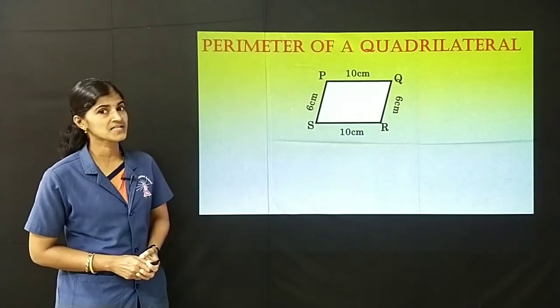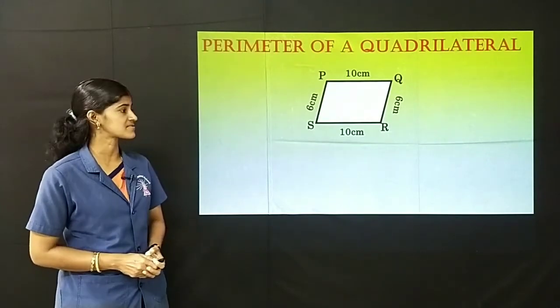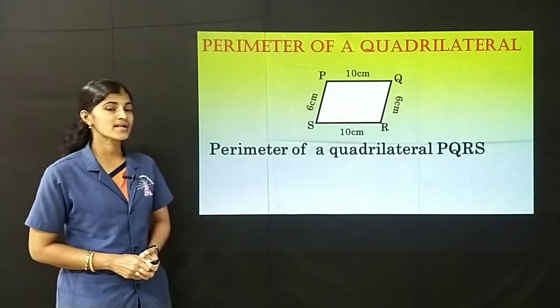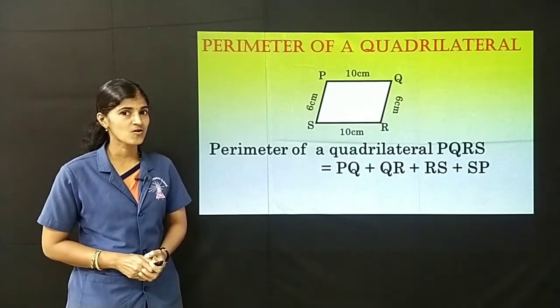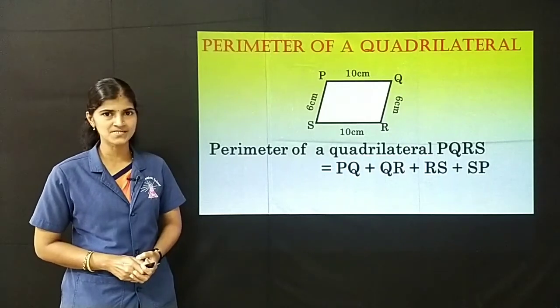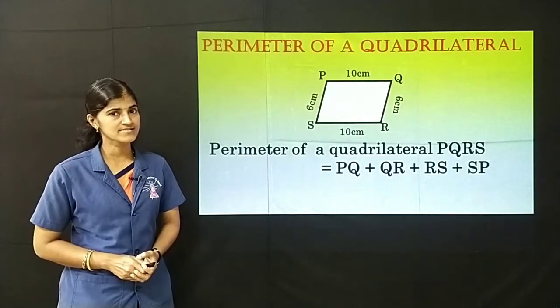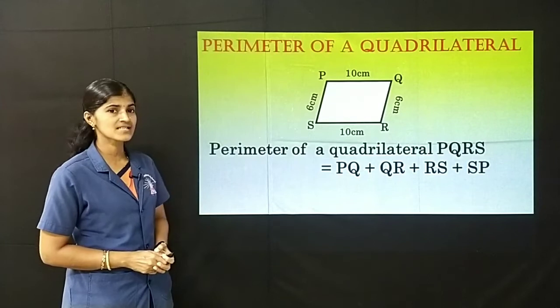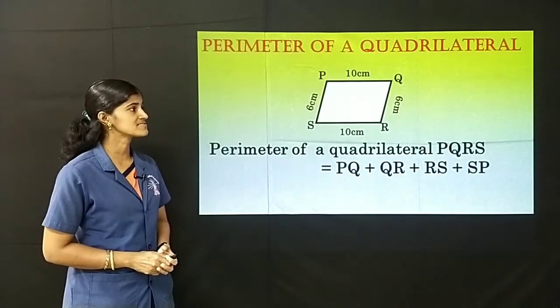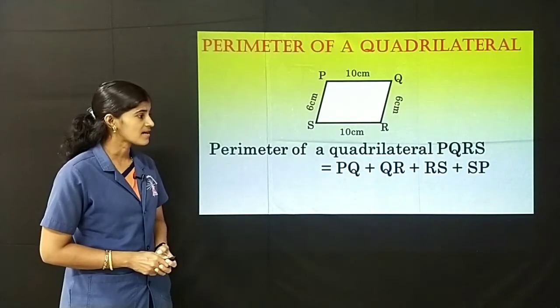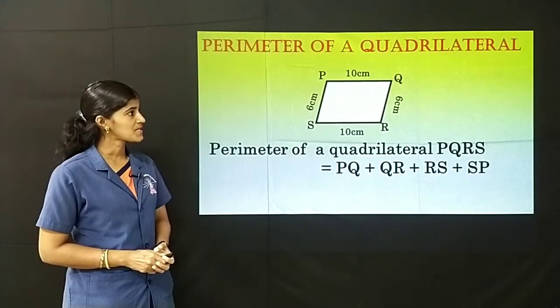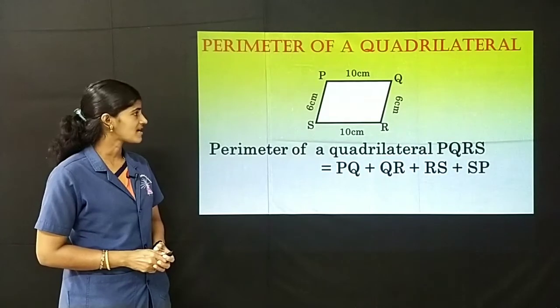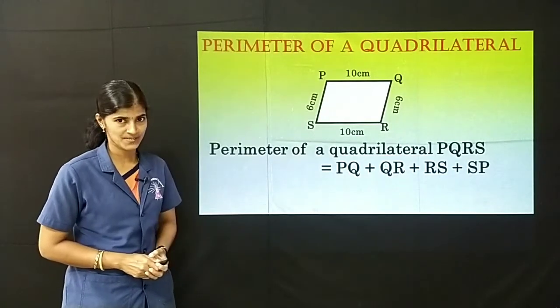We need to find the perimeter of this quadrilateral. The perimeter of the quadrilateral PQRS means the sum of all the sides. It is very simple. PQ plus QR plus RS plus SP.